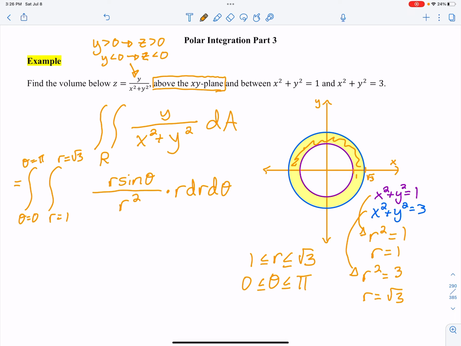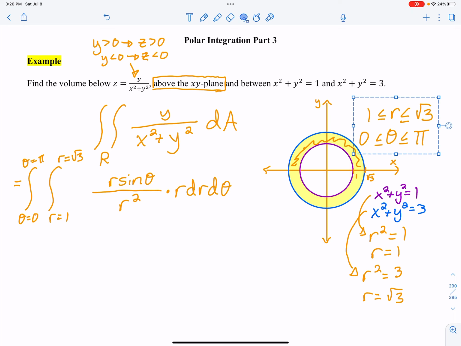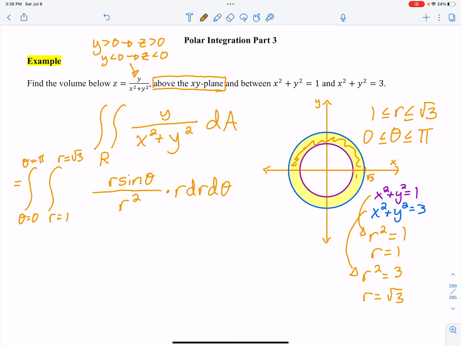Cool. All right, let me move this out of the way because I have a feeling I'm going to run into it. I keep going. I'm just going to simplify first so you can see all the r's cancel out. That's very nice for us. We get an r times r over r squared, it's gone. Okay, so I get sine theta dr d theta.